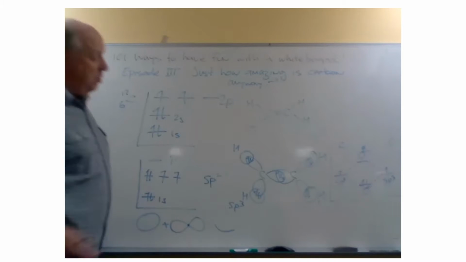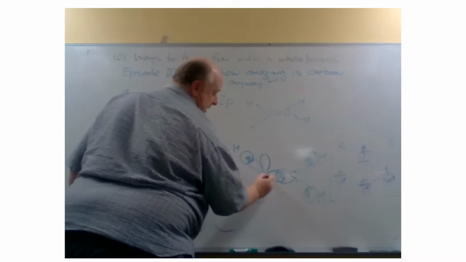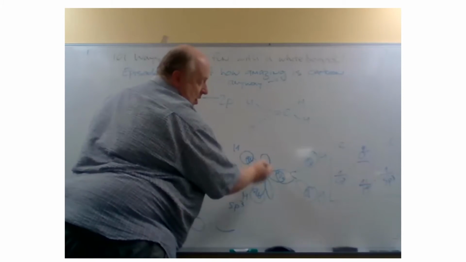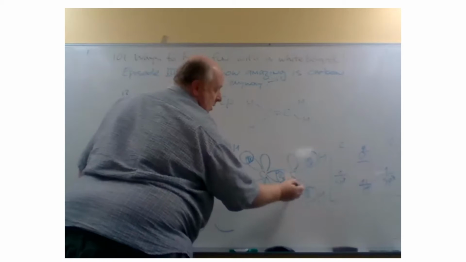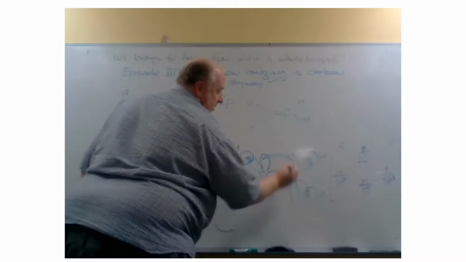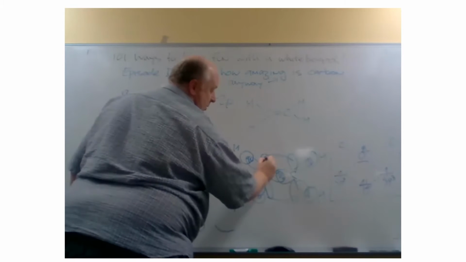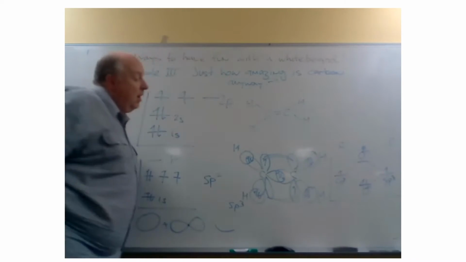Now, remember P orbitals are dumbbell shaped. And so what happens is the P orbital is here, and it's 90 degrees to the sigma bond. And there's an interaction between these orbitals. You put an electron here, put an electron here, doesn't matter where we put them.